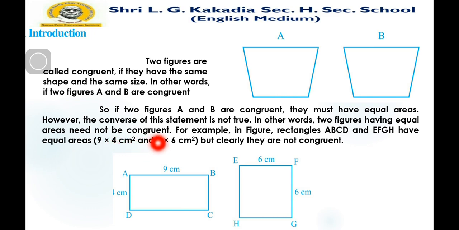So both figures have the same area, but clearly they are not congruent. If we take the square and put it on the rectangle, the sides and angles do not cover the sides and angles of the rectangle. So if two figures are congruent, then the area must be the same. But if the area is the same, we cannot say that both figures are congruent.